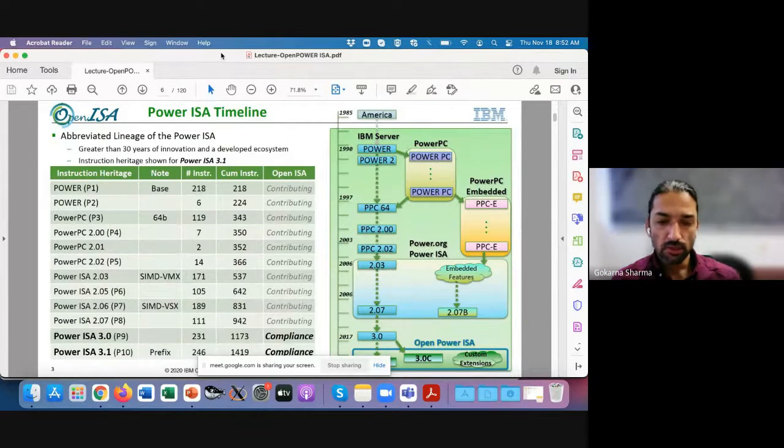So what are embedded features? Let's suppose you have a smart device. It has just some functionalities, not many arbitrary functionalities. For example, let's suppose you have a sensor that senses temperature.